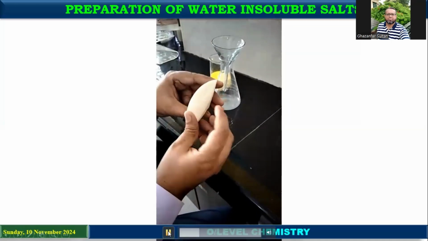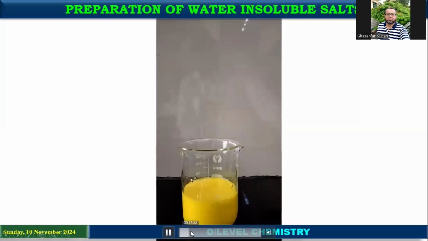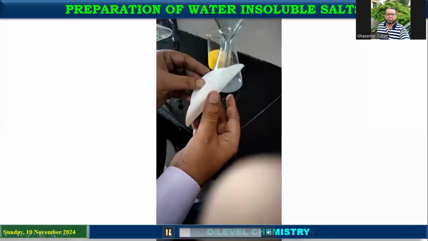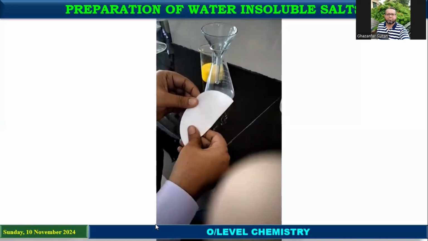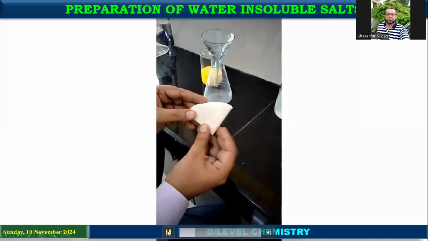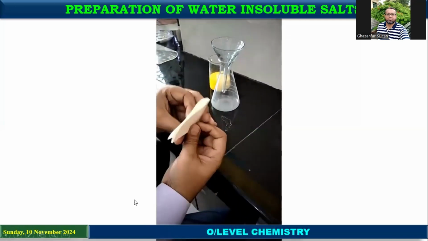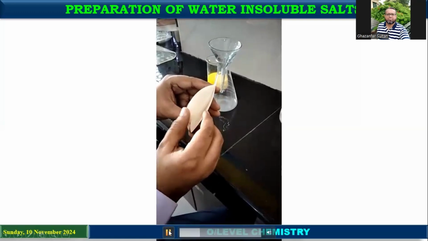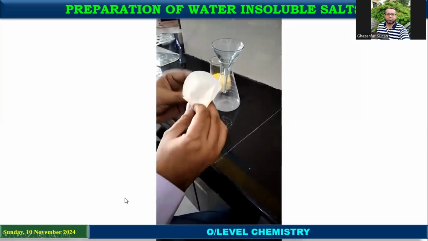Now you can see there are 4 layers. Sorry, see again. First fold, second fold, and there are 4 layers. We will put 3 layers on one side and 1 on the other side. So a cone of filter paper is obtained.